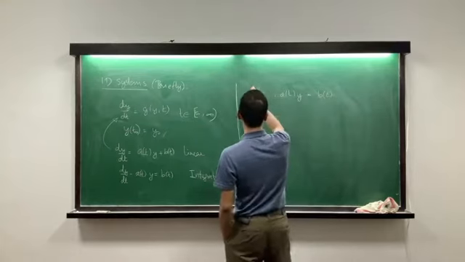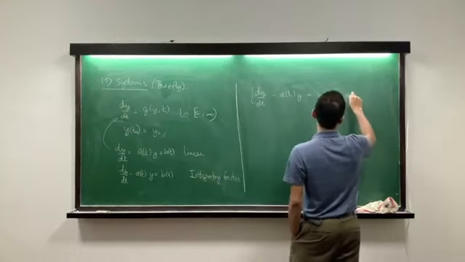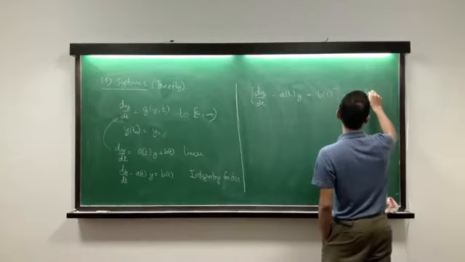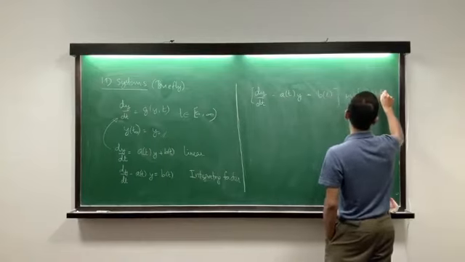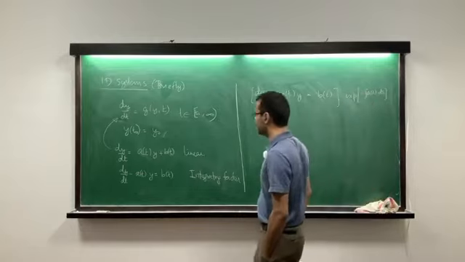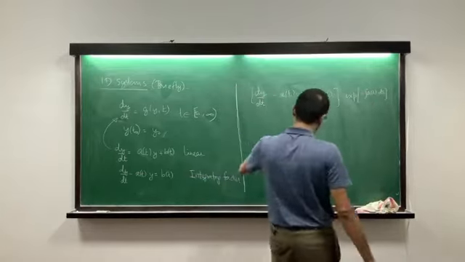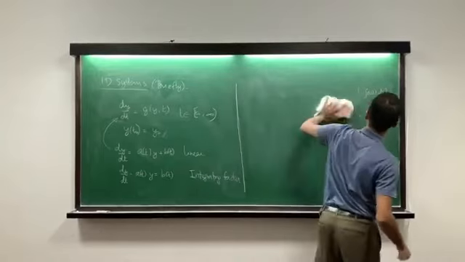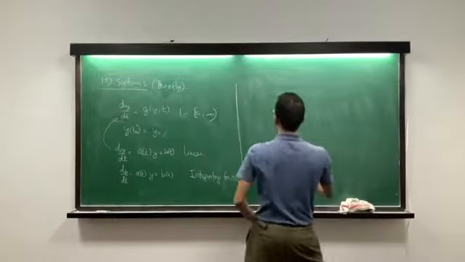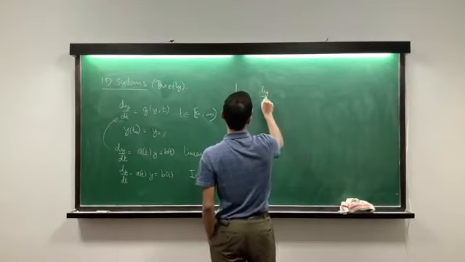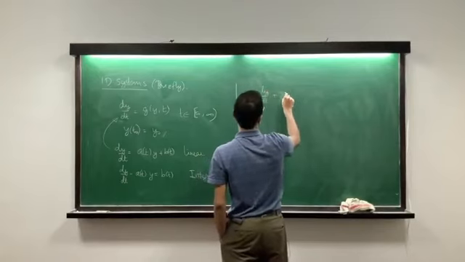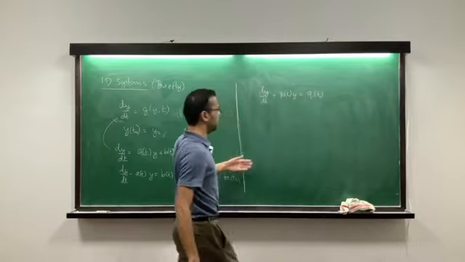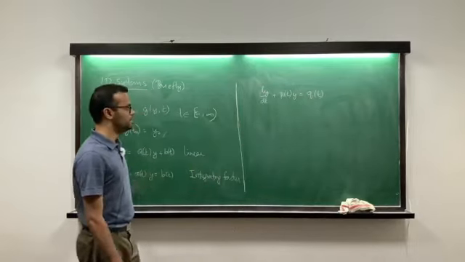You multiply both sides by e to the power of minus integral dt. Actually, let me change this notation. I just don't want to carry this negative sign around everywhere. Let's just look at the first order case as being like this: dy by dt plus p of t times y. Just analogous. q is the same as b, p is minus a.